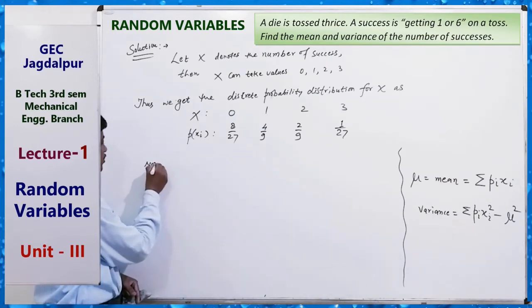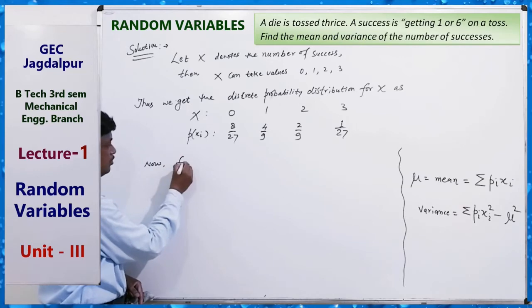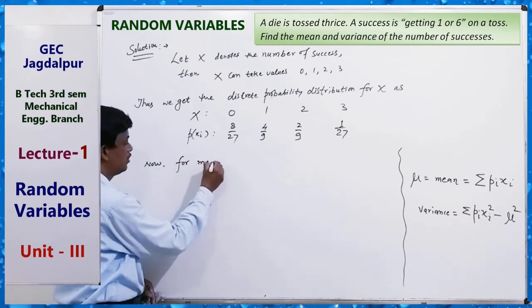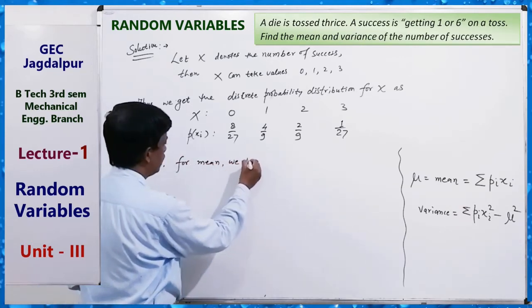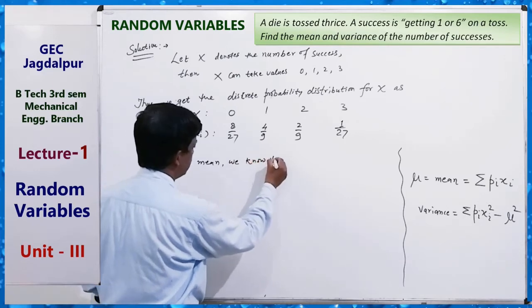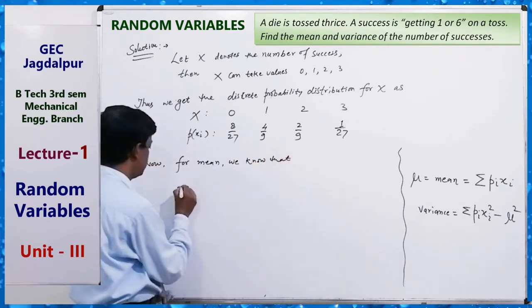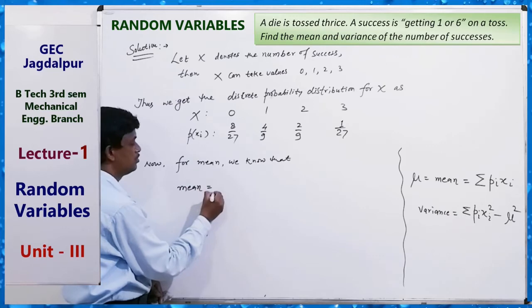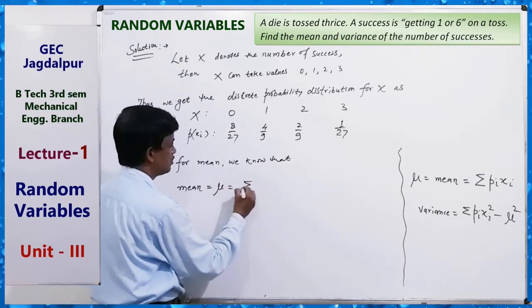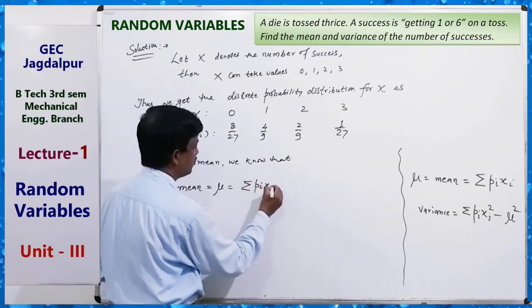Now for the mean, we know that the mean mu equals the sum of pi into xi.